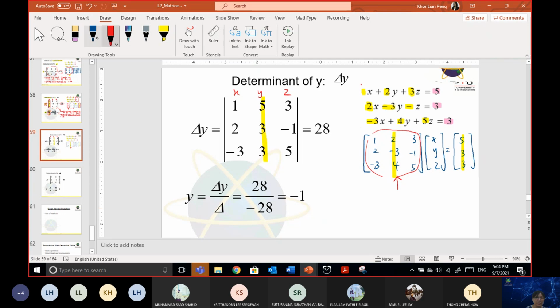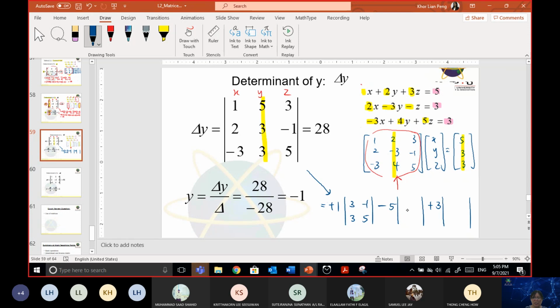So we find the determinant as usual, plus, minus, plus, taking the values of the first row, 1, 5, and 3. Blocking first column, first row, we have 3, -1, 3, and 5.